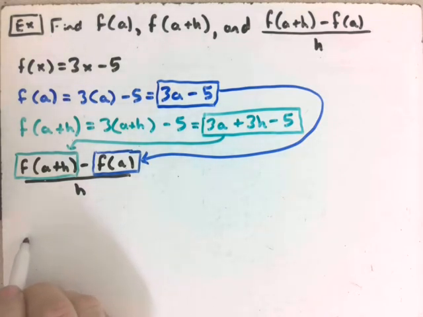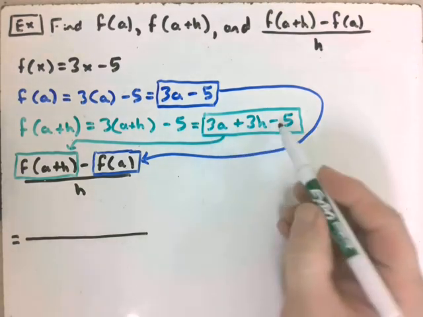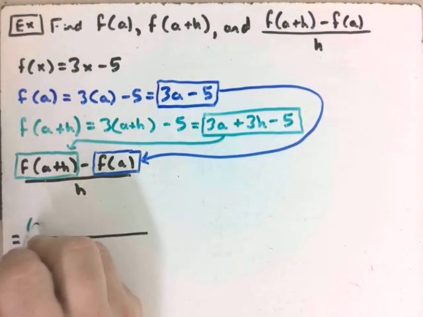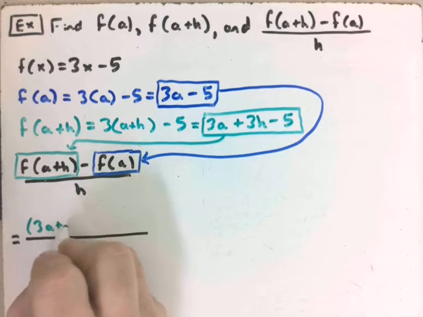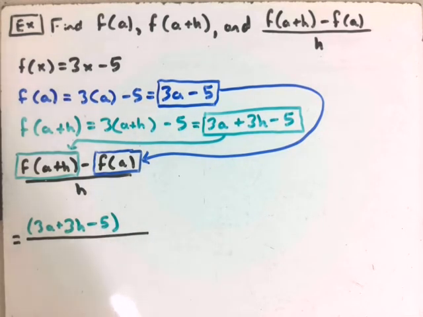So here's what we have in our first step when we do our substitution. We have f of a plus h. That's what I have here in the green box. That is 3a plus 3h minus 5. And then we have a subtraction symbol.